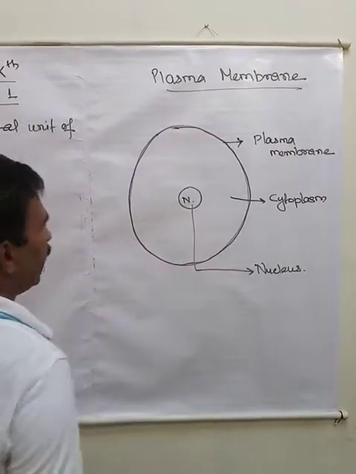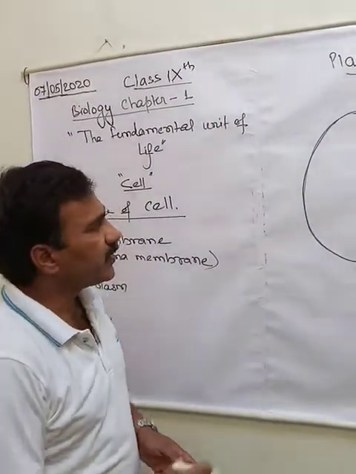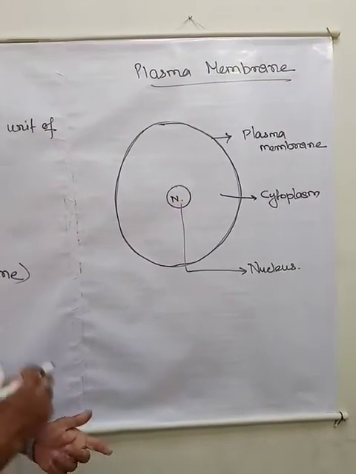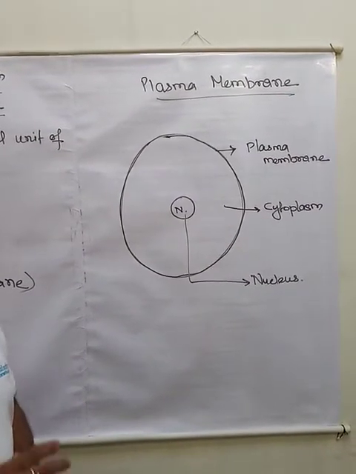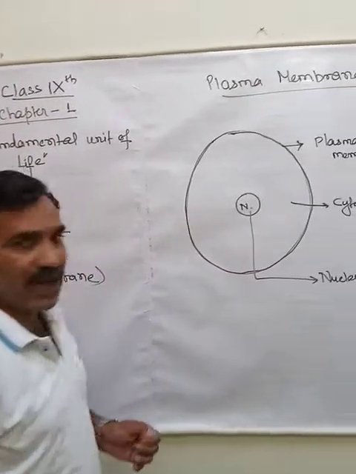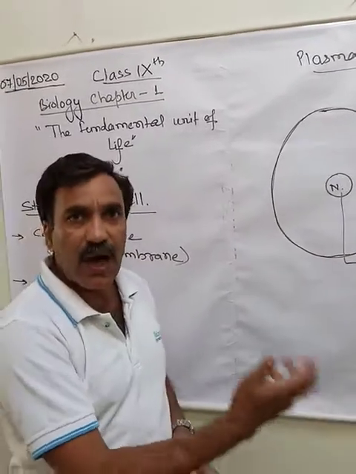Now we are discussing the plasma membrane. This plasma membrane is a very special type of membrane. It is selectively permeable. That means it allows the permeability in and out of substances in a selective way. It allows some substances to go out as well as some substances to come inside the cell. We will discuss how.